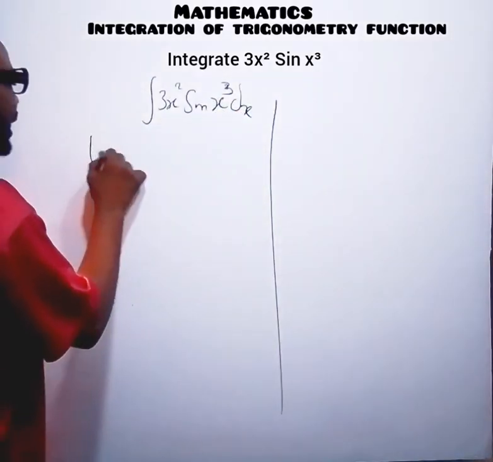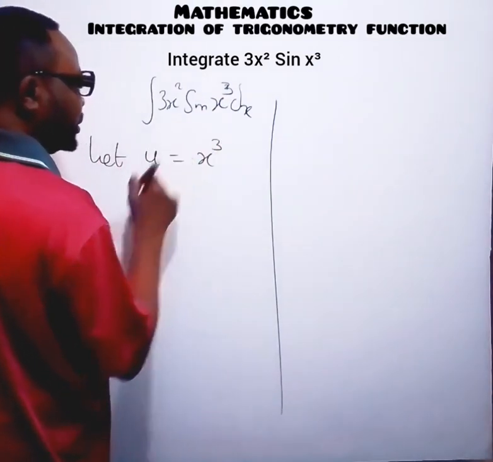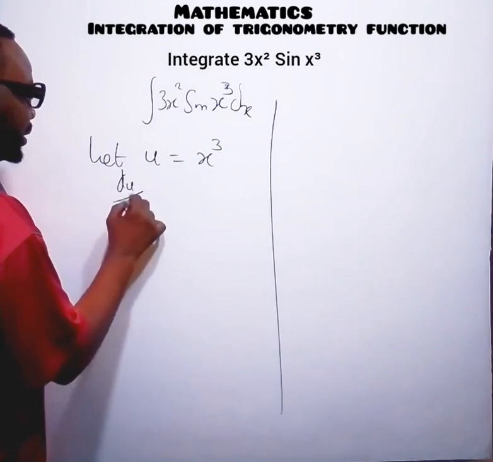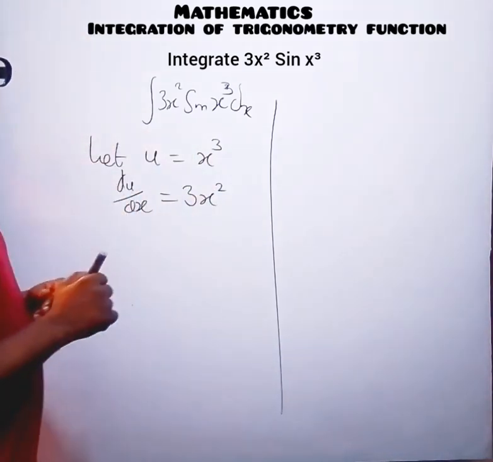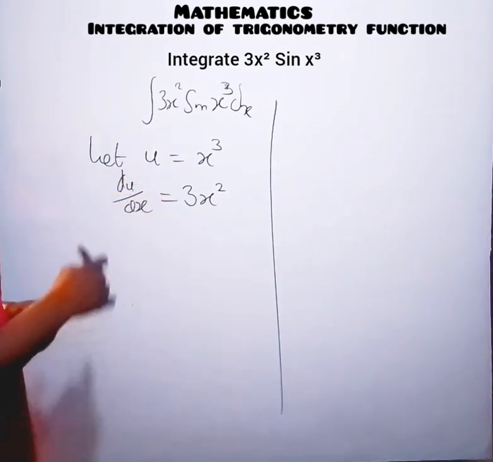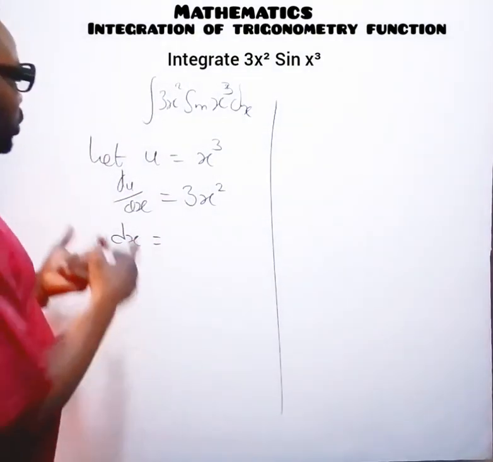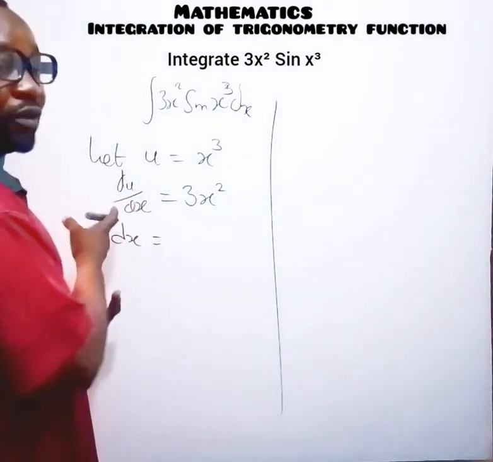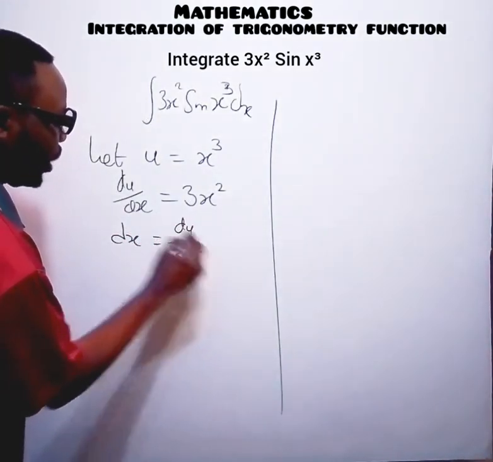So I will now say let u equal x cubed. du/dx will be equal to 3x squared. Now, as I've been doing so far, what we always do is to make dx the subject of the formula. dx will be equal to du over 3x squared.